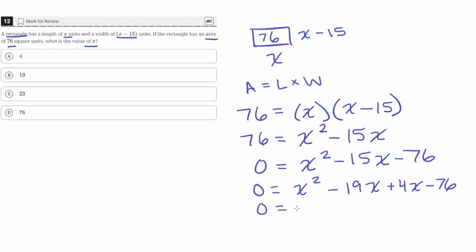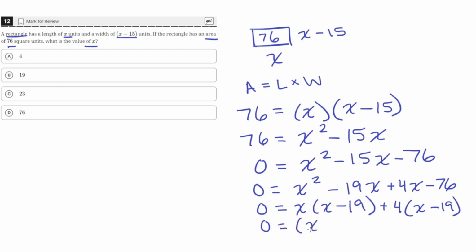So we can just take an x common out from these two terms. So x minus 19. And then from these two terms, we can factor out a 4. So 4 times x minus 19. And then we see that x minus 19, that quantity is common to both these terms, so we can factor that out as well.